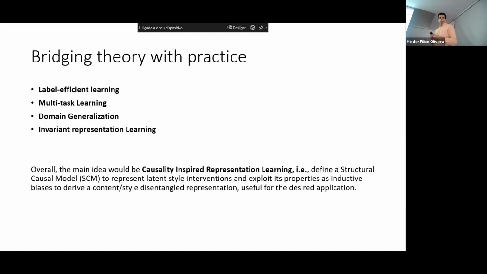So overall, the main idea that I want to transmit here today is that this is a causality-inspired representation learning machine, where what you need to do is to define a structural causal model to represent the latent style interventions, and then exploit the properties of this structural causal model as inductive bias to derive a content style disentangled representation that could be useful for our desired application.